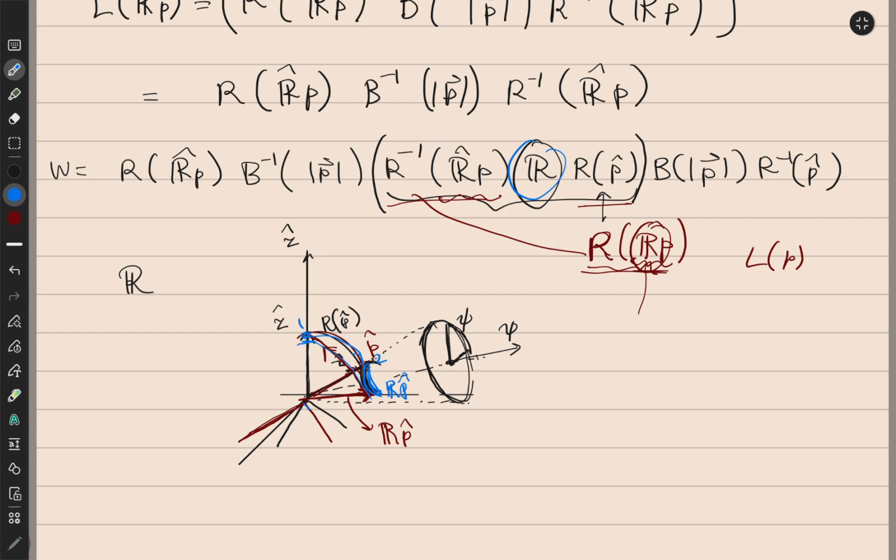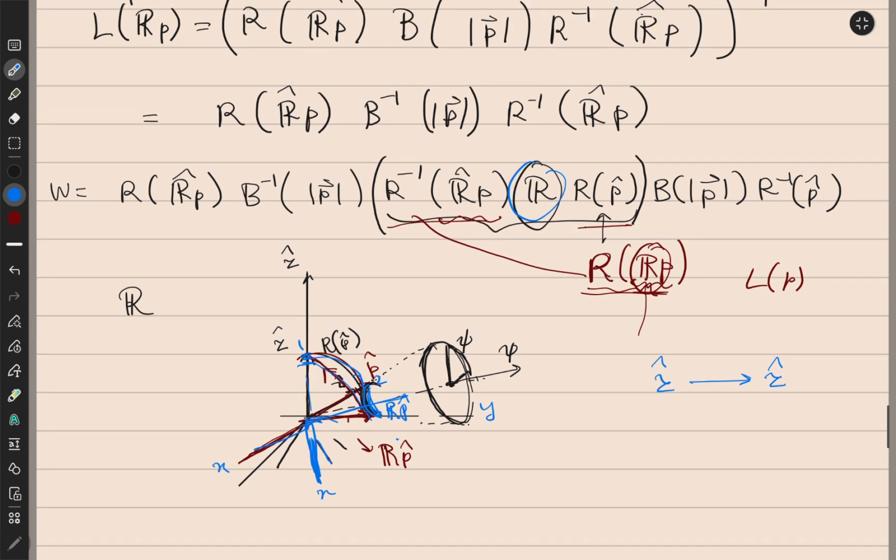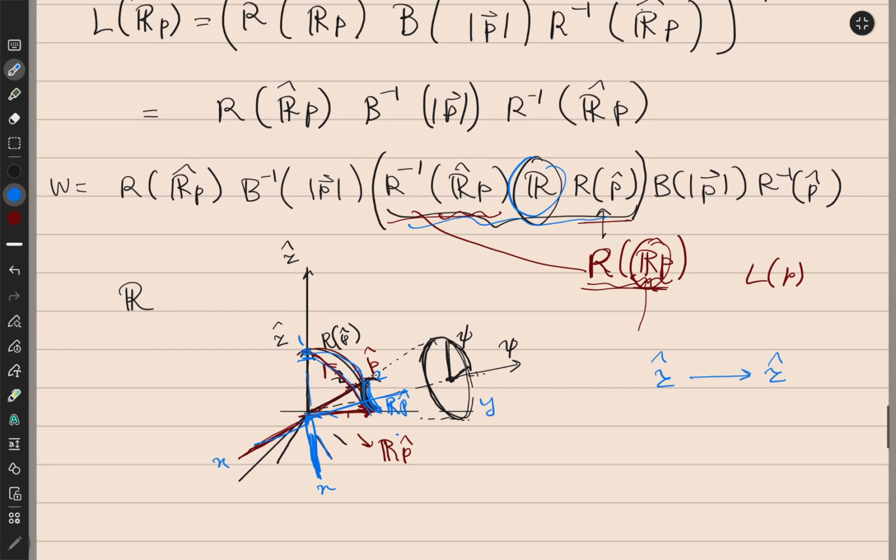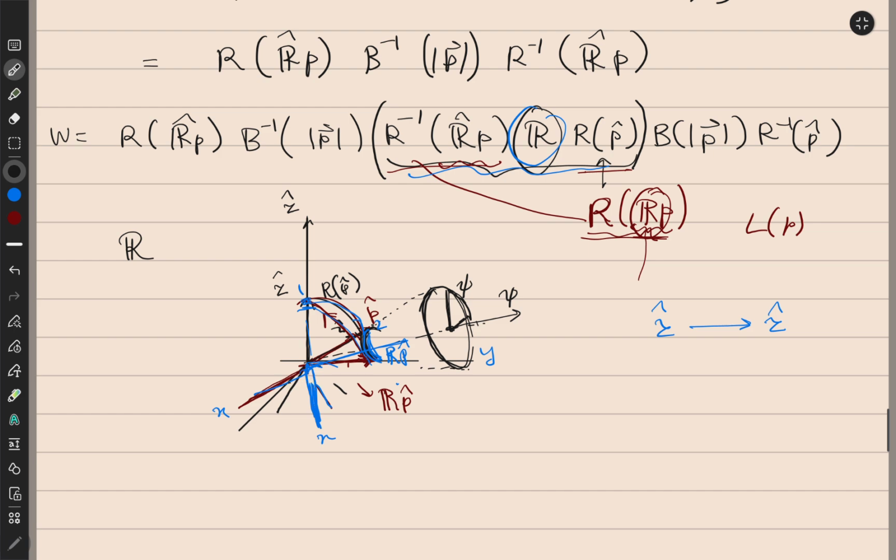Now these axes will also come back to the XY plane. So the whole journey was just to go from Z cap to Z cap, but it may have changed the orientation of the XY plane. If X and Y were here, now X and Y are somewhere else on this plane. So the point is, this whole combination just rotated us in the XY plane by some angle.